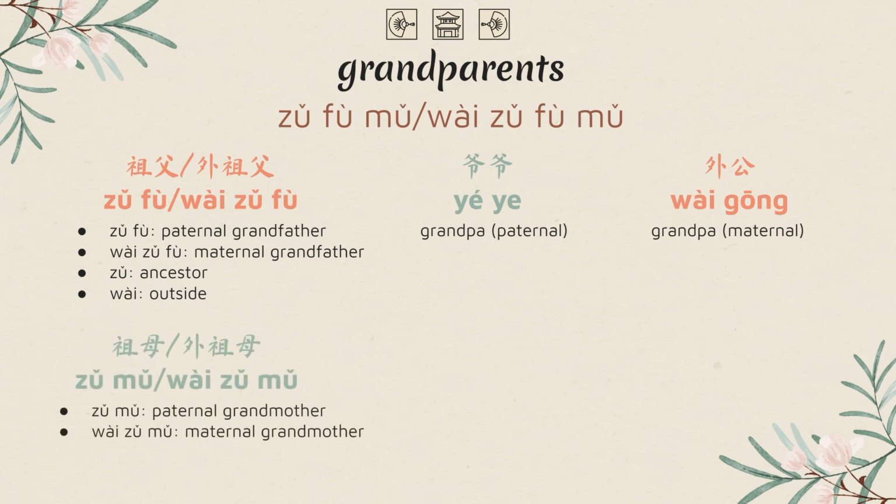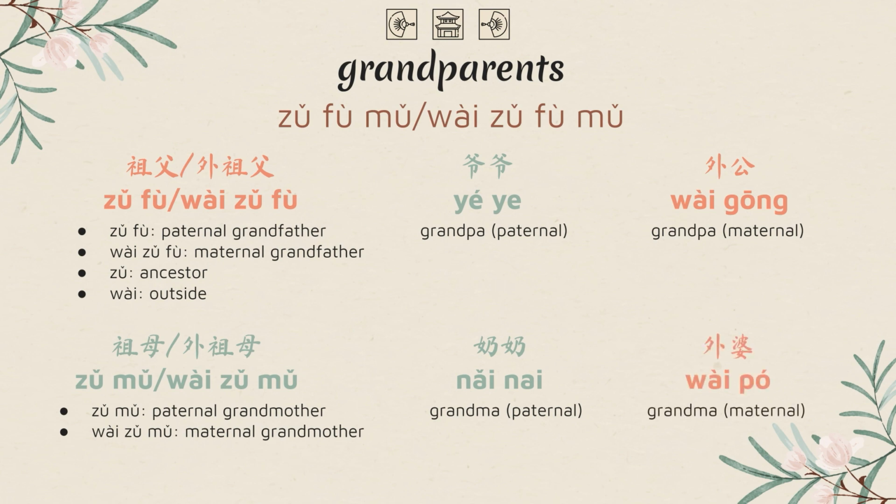So 祖母 for paternal grandmother, 外祖母 for maternal grandmother. And then the casual way of calling your dad's mom is 奶奶, grandma. A casual way of calling your mom's mom is 外婆.